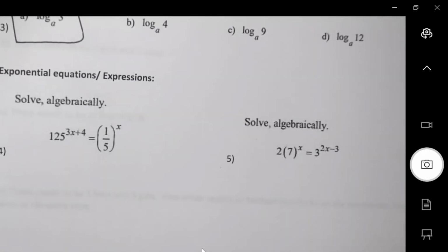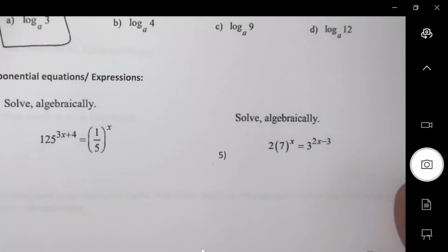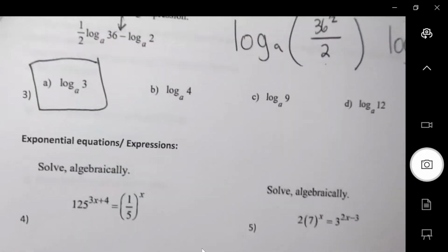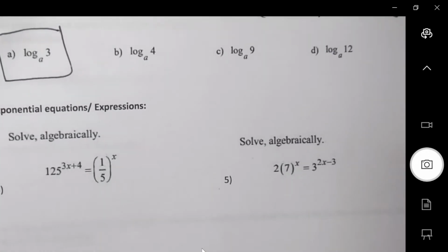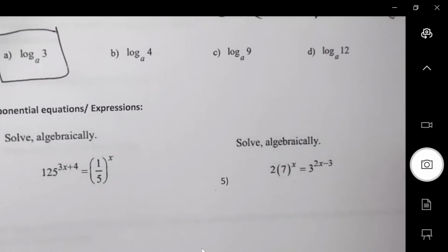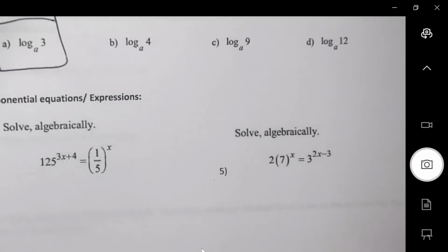Okay, number 4. Solve. What strategy would we use here? Move the exponent to the front? Not, I don't want to do that on this one. I can actually completely solve this without a calculator.